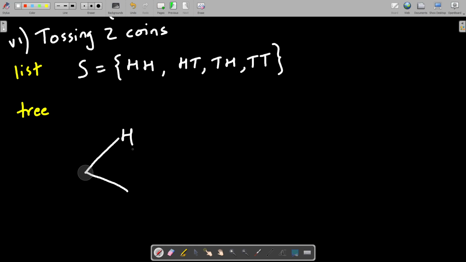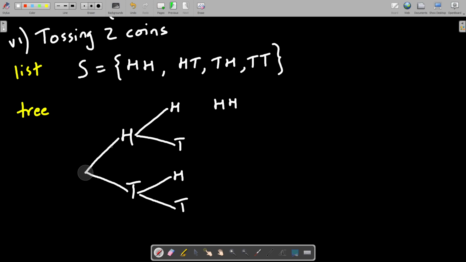You get a head on the first toss or you get a tail on the first toss. Then you toss it again. This will give you a head again or a tail. After getting a tail, you toss it again, and either you get a head now or you get a tail. So what are the possibilities? You tossed a coin first, you got a head, then you tossed it one more time and you got a head. So your final outcome is H and H.